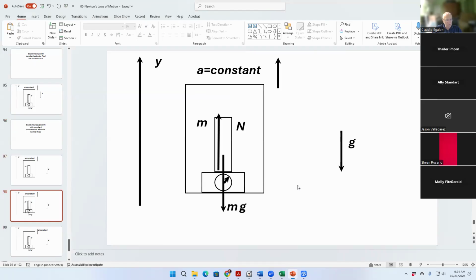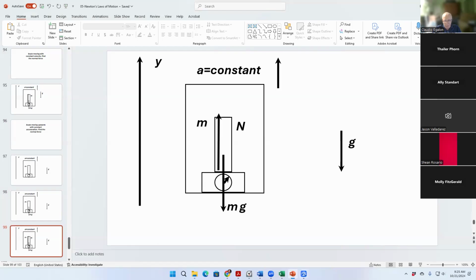Here are the forces. I'm going to show the forces one by one, just like I did before. First the weight, then the normal. Now we have a different situation, in which the right side of my equation is not going to be zero anymore.